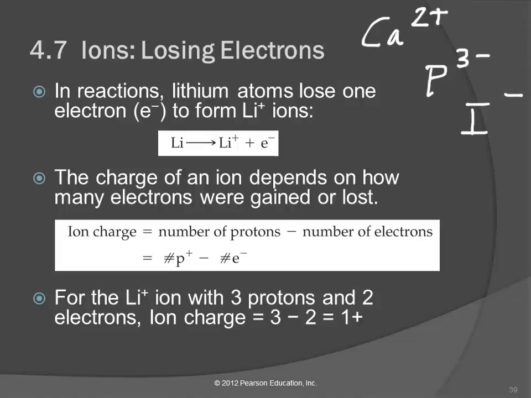The atom also has 3 electrons. If it loses an electron, then now it has 2 electrons. And so we have 2 negative charges and 3 positive charges, and that adds up to be a plus 1 charge, and that's why the lithium ion has a plus 1 charge.